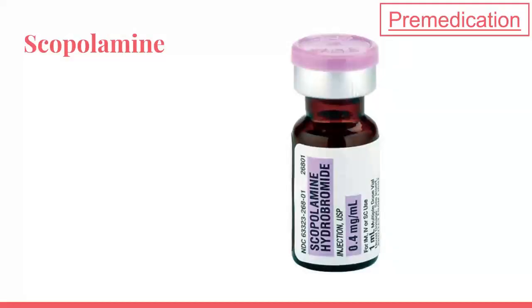Scopolamine. In Poland, it is currently only available as a patch, especially scopolamine hydrobromide. There is also scopolamine butylbromide, known as Buscopan, which is noteworthy because it is available in Poland.